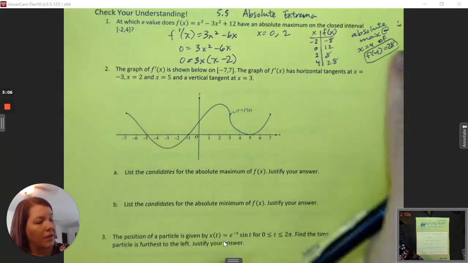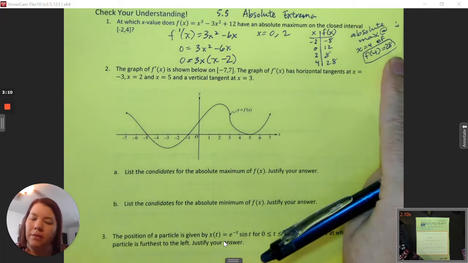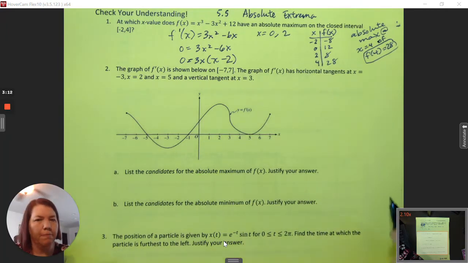Okay, so the max value occurs at x, and the y value is the max. That's a little tricky there. Okay, next.